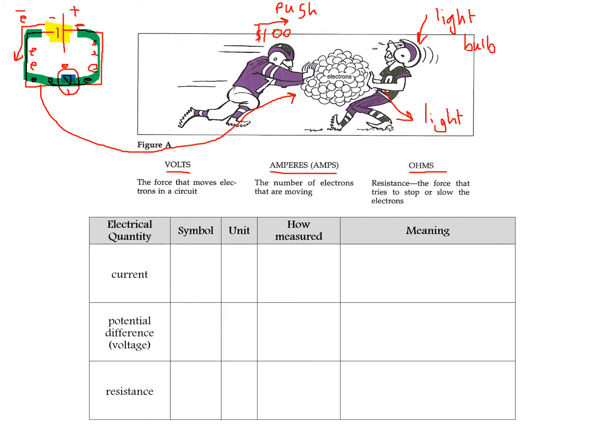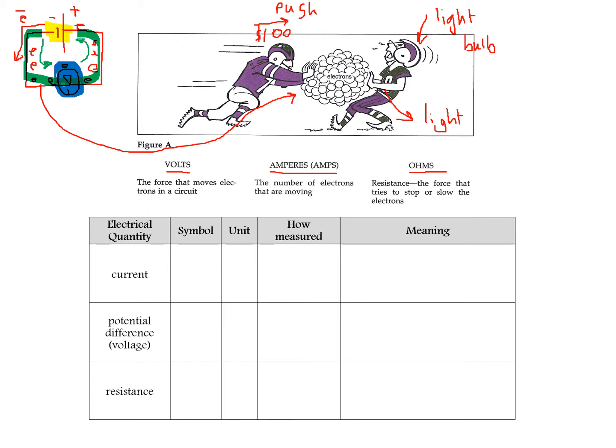Then here, this little light bulb is my resistance, because as the electrons are coming, they have to lose their money here to the light bulb. So now they have no money, they go back to the battery. They get money, they come back, give it to the light bulb, and then go back to the battery.